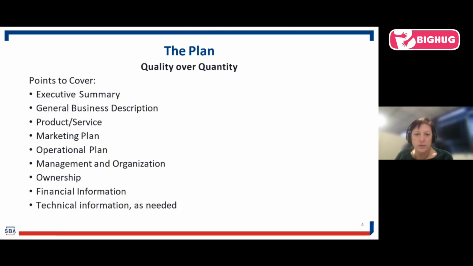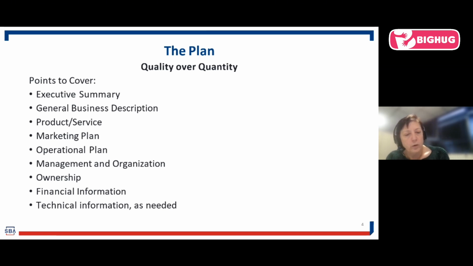There are no exceptions to that. So understanding by the lender of who the owners are really helps them define what other information they may want to have from you if it is not in the material that you're already providing.